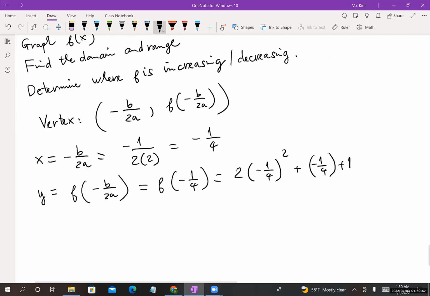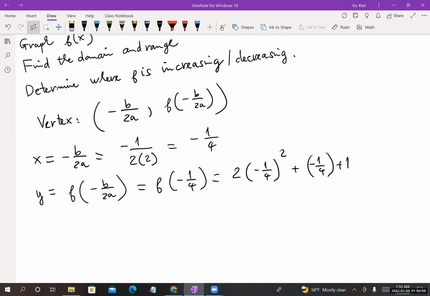Okay, let's see what this is. 1/4 squared is 1/16, times 2 gives us 1/8. Then subtract 1/4, that gives us negative 1/8, and plus 1, so that's going to be 7/8.